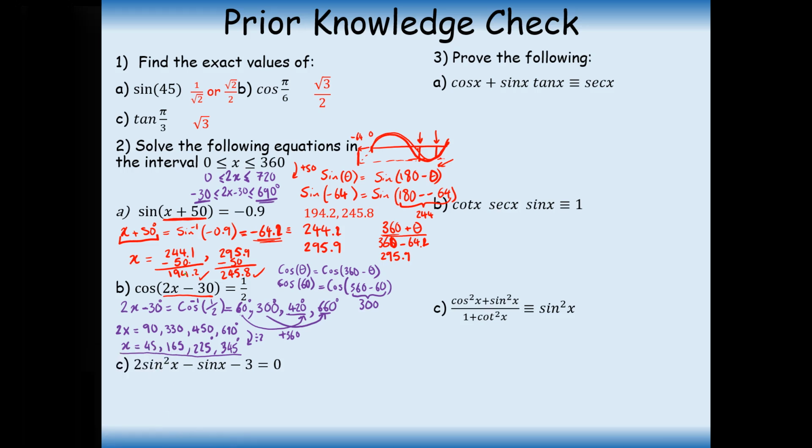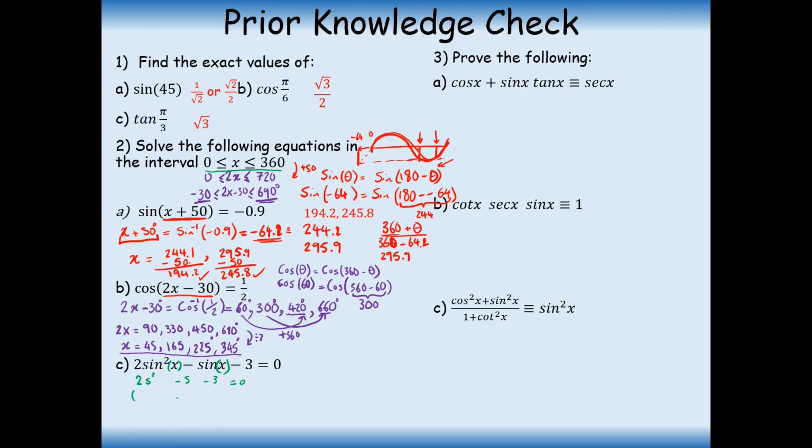Let's choose green here. So this is looking like a quadratic equation that has a coefficient of x of 1, so I don't need to adjust the range. I'm just going to look for answers between 0 to 360 degrees. If I write this as 2s squared minus s minus 3, you'll see the quadratic equation easier.